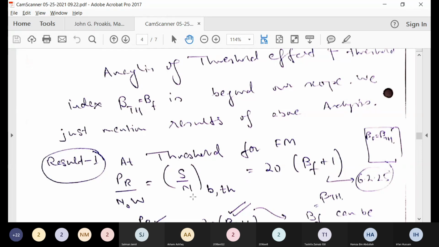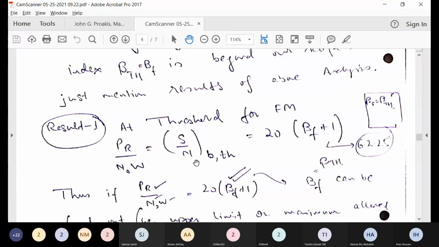At the same time, we know that this threshold is also equal to PR over N naught W. Now, your S over N at baseband has to be greater than this threshold. But if I just want to evaluate at the threshold level, assuming that my PR over N naught W is equal to the threshold, I will get the maximum amount of beta that is allowable in my system.